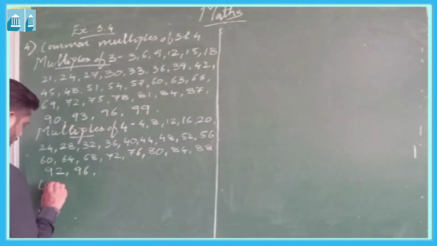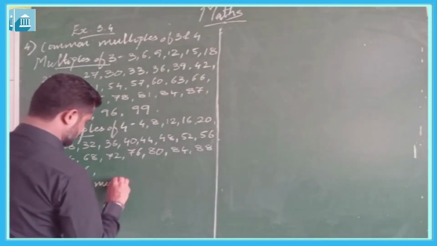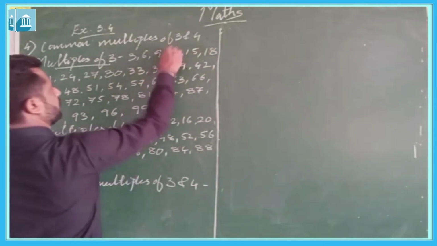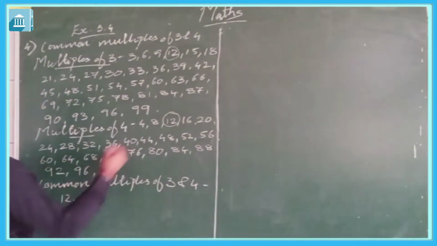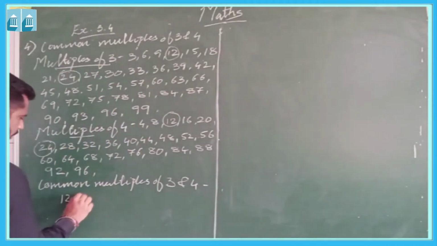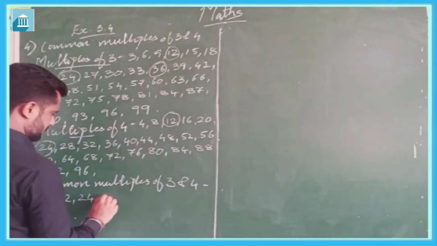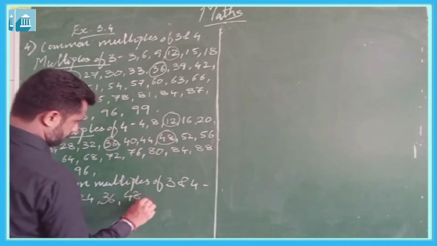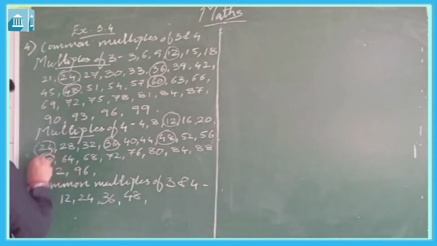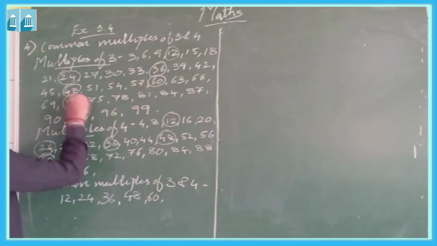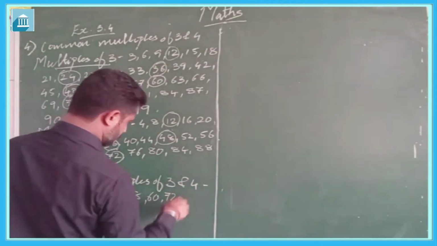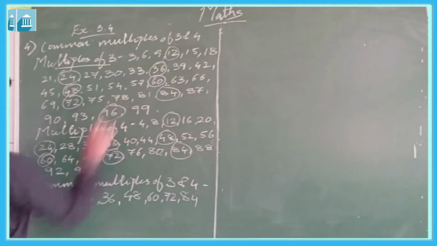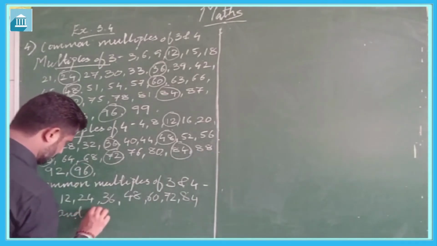So common multiples of 3 and 4 are 12, then 24, then 36, then we can say 48, then 60, 72, 84 and 96.